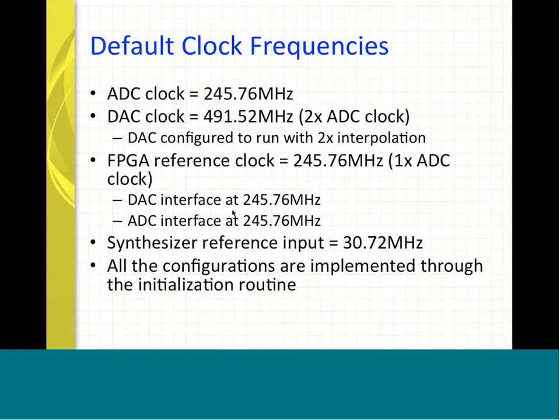So what are the default clock frequencies implemented in our reference design? When you implement any design using our FMC 111 interface IP, you want to know what exactly is going on after you load the FPGA. That's how our initialization routine is going to execute based on these configurations. We will set the ADC clock to 245.76 megahertz.